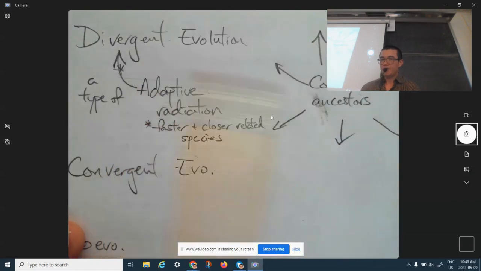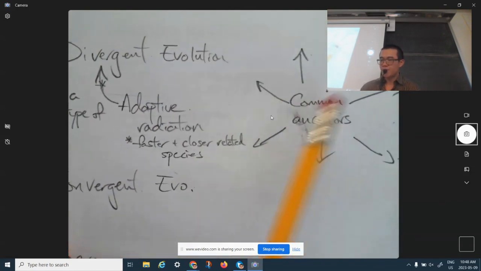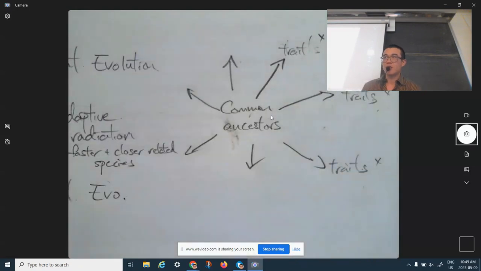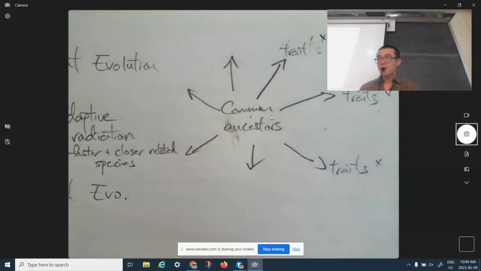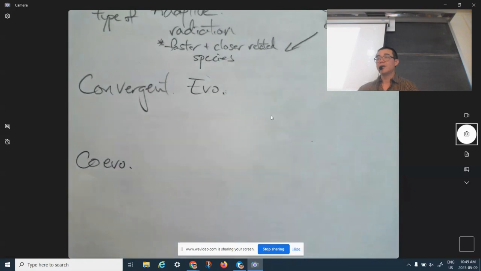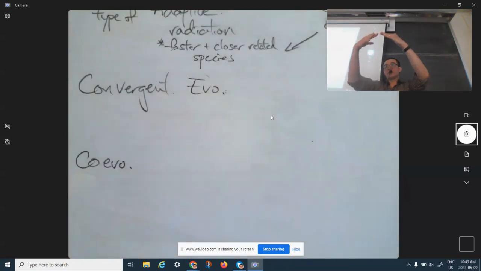So in divergent evolution, common ancestors diverge into different species and different traits because of selective pressure, but there's a lot of homologous structure. Now, convergent evolution, now converge means coming together, right?